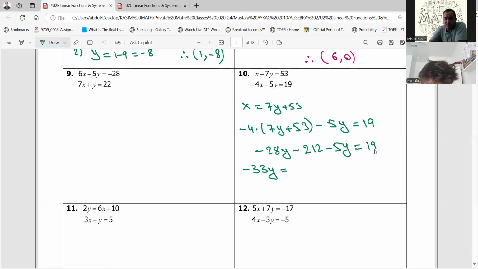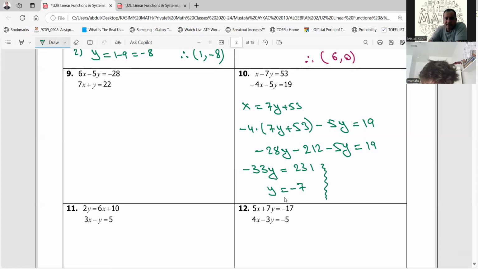So that is equal to, what is it? 231, right? 231, not 241. And now if you divide both sides by negative 33, we get y equal to negative 7. Okay, now we got the value of y.